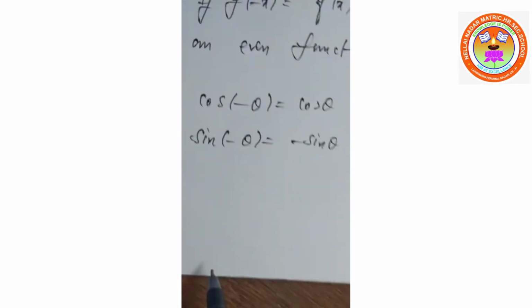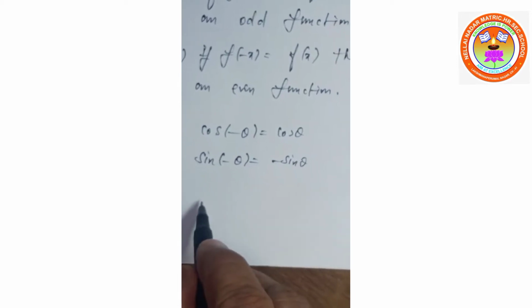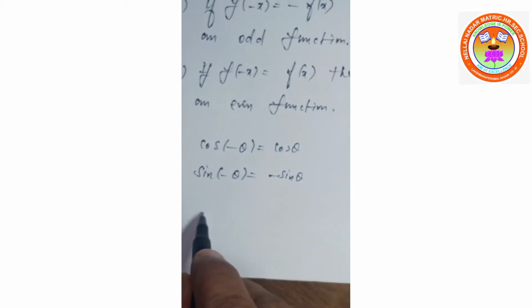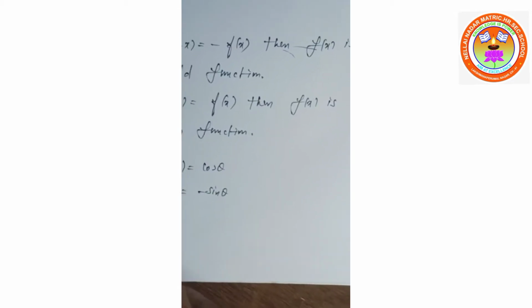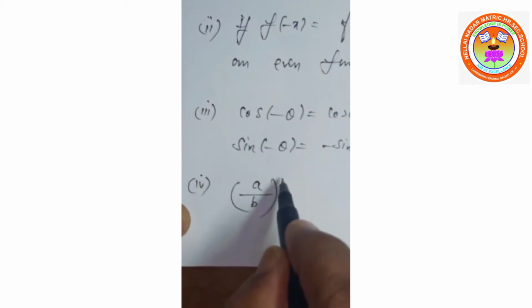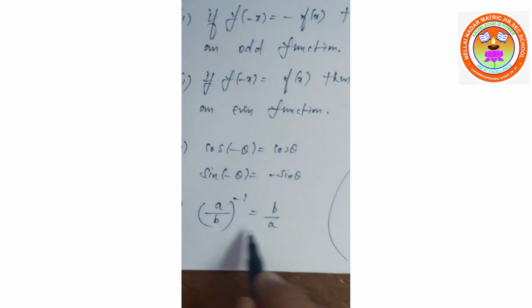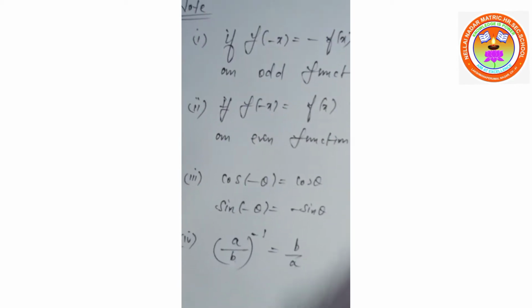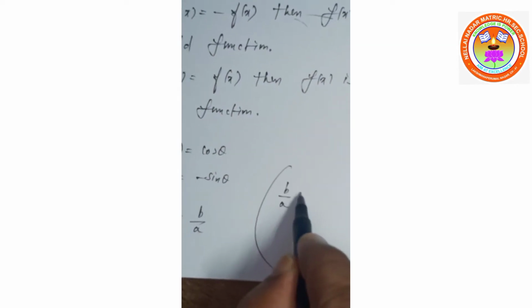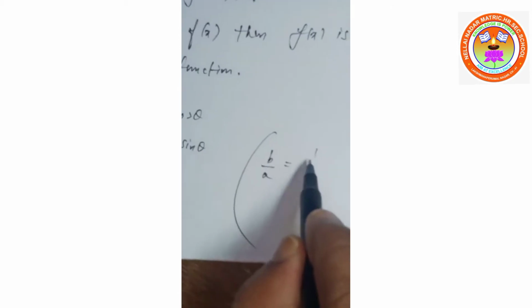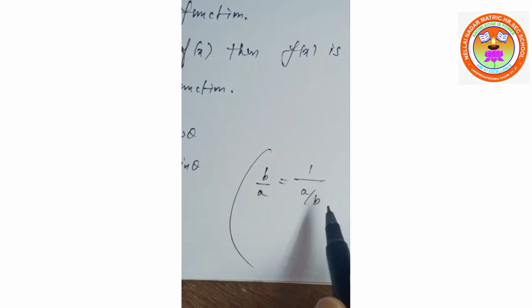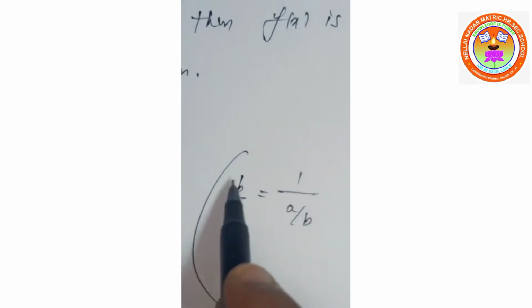And fourth one, you know the formula that (a by b) power minus 1 is equal to b by a. How does it come, sir? I'll give you the explanation. I take b by a. b by a is equal to 1 divided by (a by b), the reciprocal of b by a.